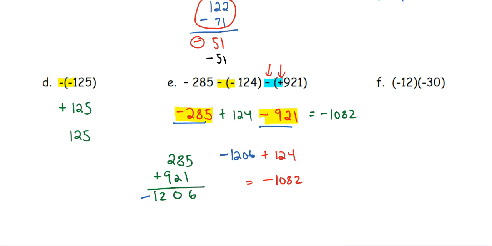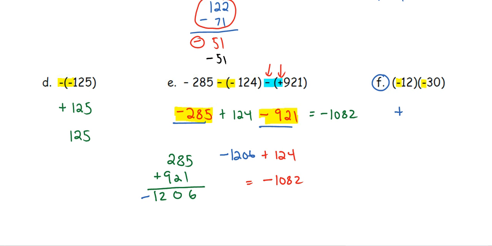All right, for question number F here, you are no longer adding or subtracting, you are multiplying now. And the rule is when you're multiplying or dividing, you have to look at the total number of negative signs in your question. In this question, I have 2 negative signs. So if I have 2 negative signs, that means my final answer will be positive.